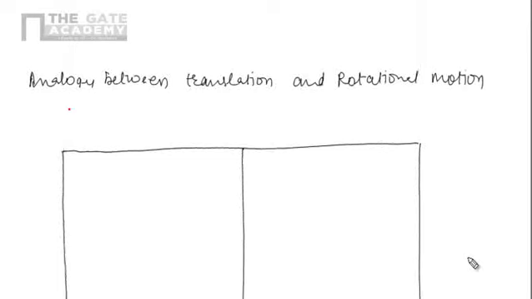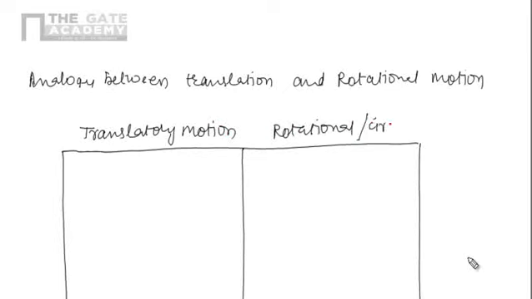So here I am drawing a table. You will see what are the different terminology we are using for that here. Translatory motion, and here we have rotational, or we can say circular motion.